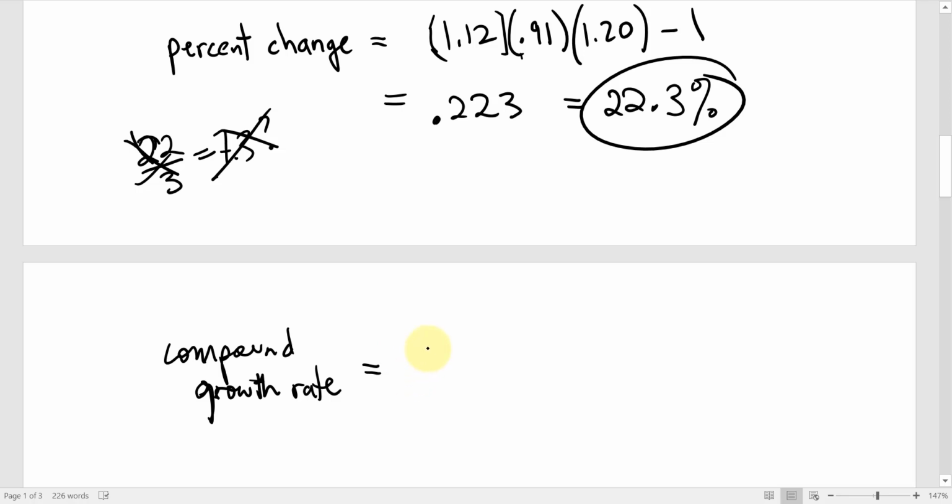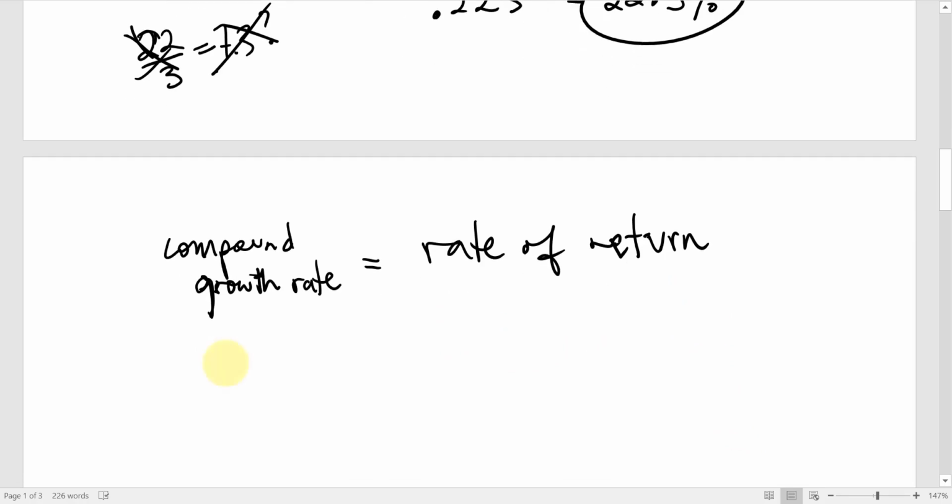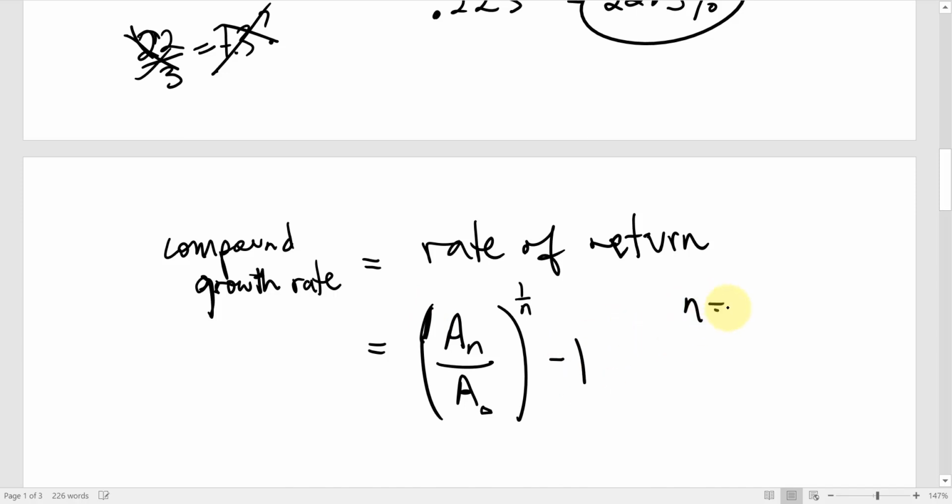We could call this the compound rate of return or compound growth rate, and so we need to figure out the final amount, divide by the initial amount, and we need to have equal periods of time. And n is the number of equal periods of time.